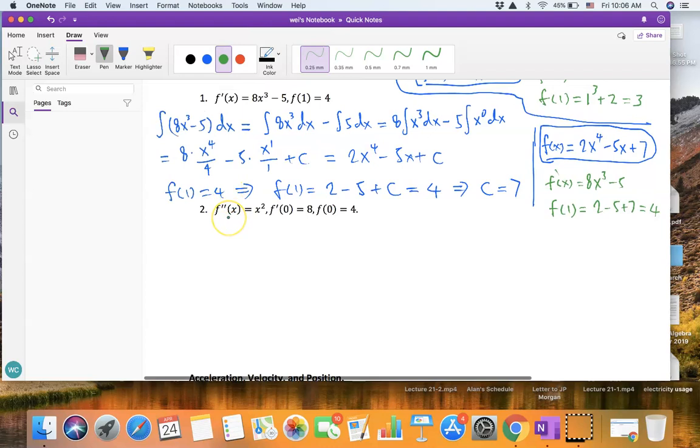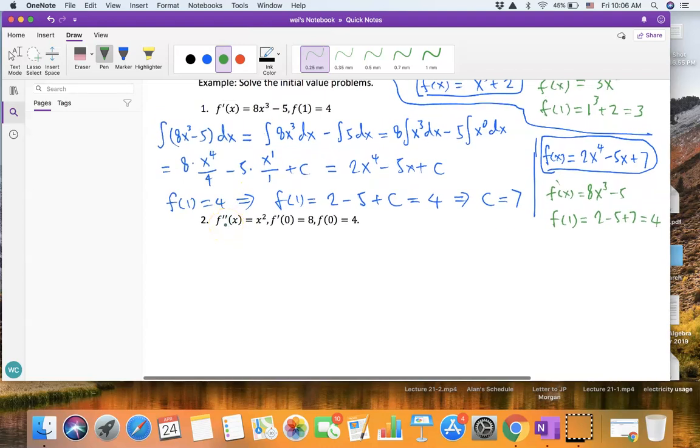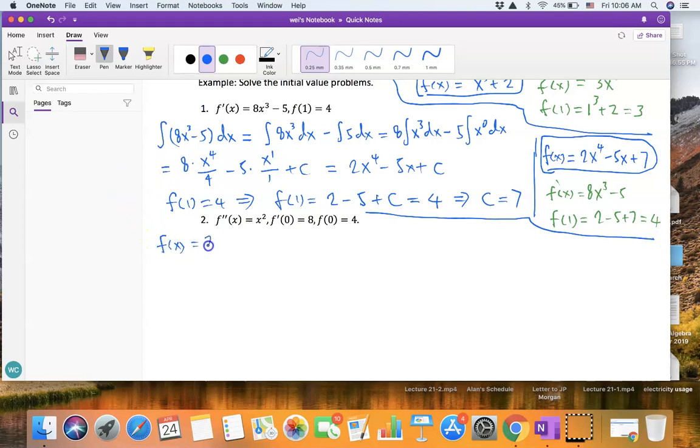Here we are given that the second derivative of the function is x squared, the derivative when x is 0 equals 8, and the function value when x is 0 equals 4. So we want to figure out what the function f(x) is.